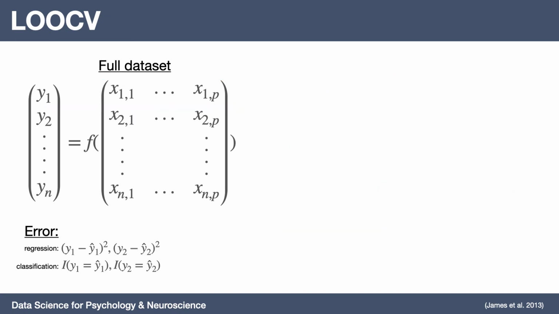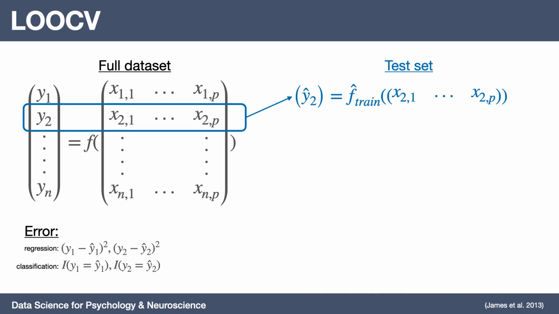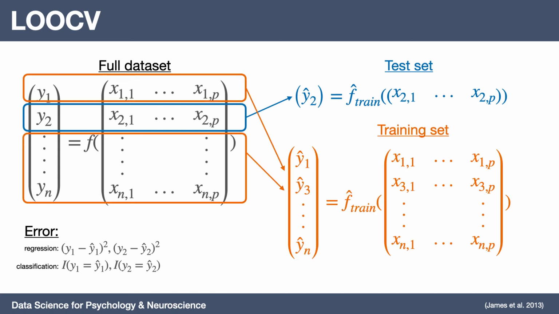Now we just repeat this and go through iteratively through the entire data set. So now I'm going to take out observation 2, hold it aside, and do the whole process again, where I take all the other observations that are not observation 2 and make those a training set. So now I have observation 1, and then observations 3 through n.